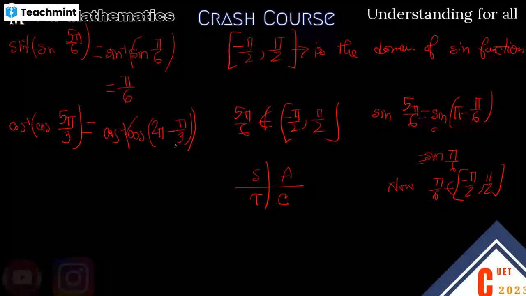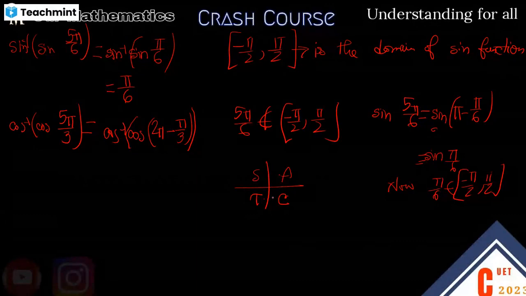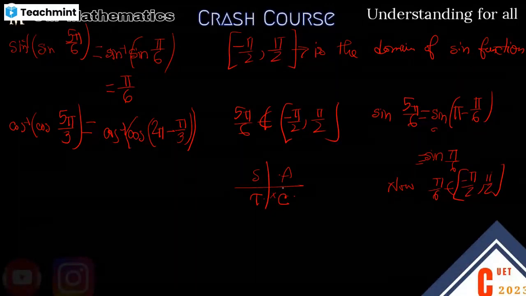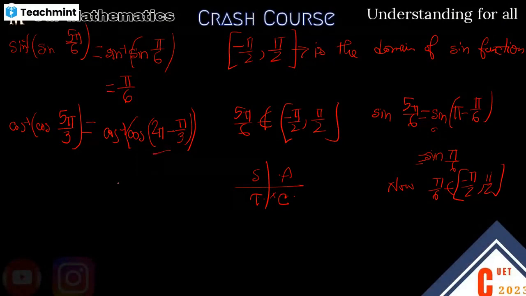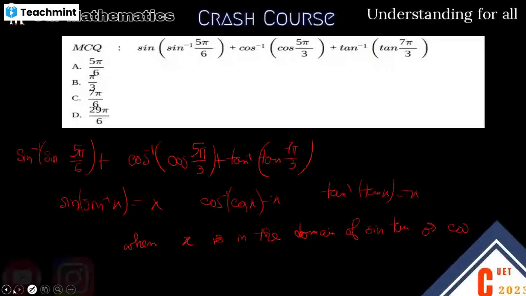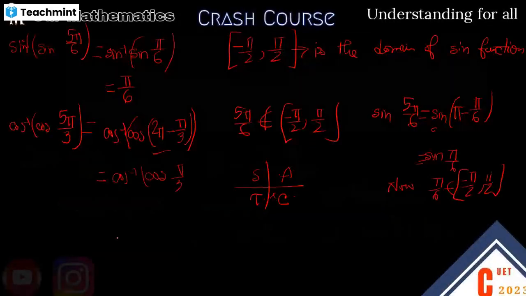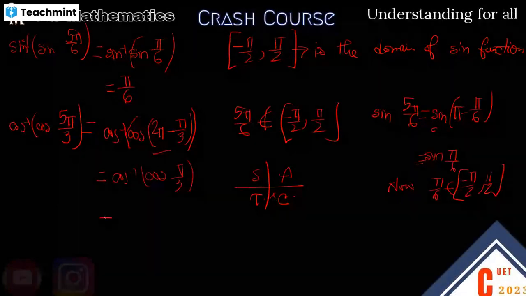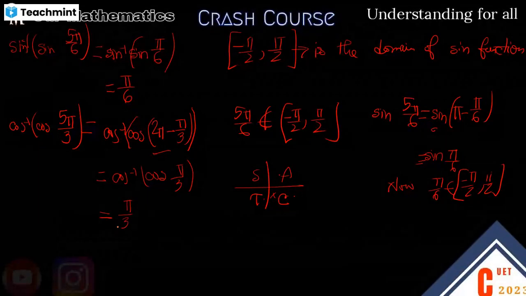Now, according to all sin tan cos, in the fourth quadrant, that is 2 pi minus pi by 3, cos is going to be positive. So it will become cos inverse cos of pi by 3, which will be equal to pi by 3.